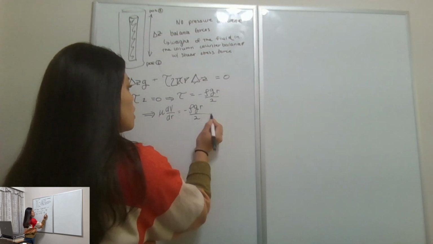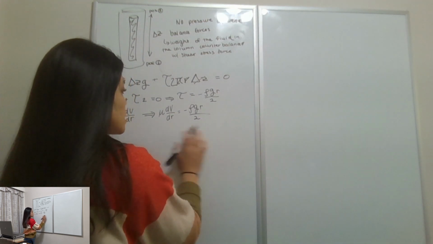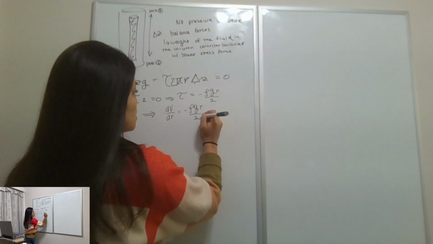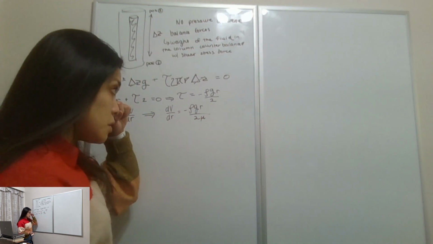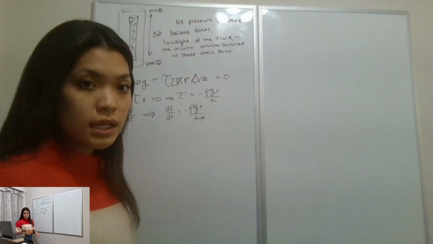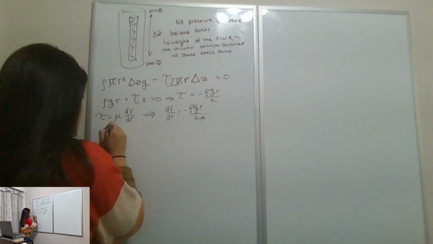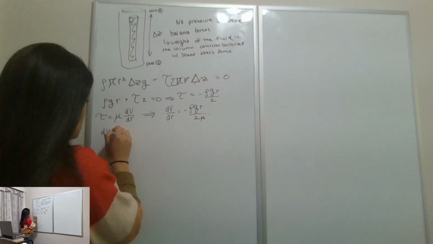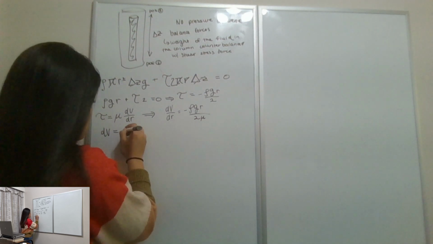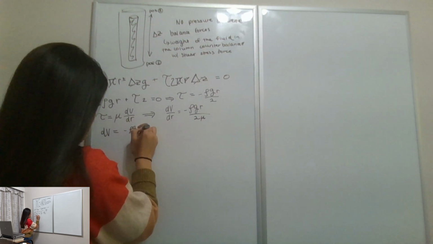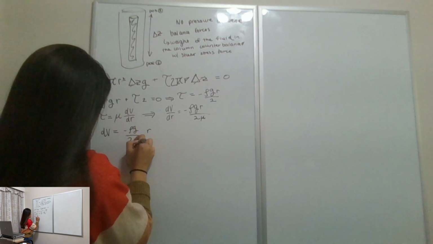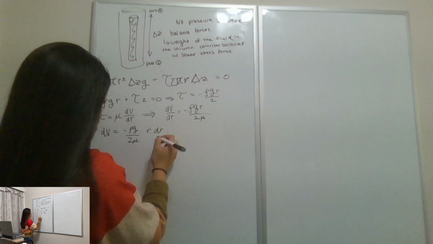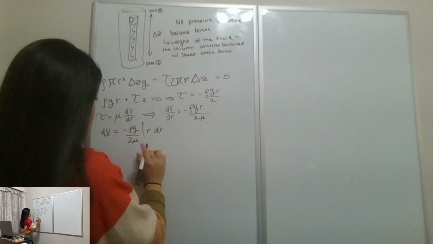And so we can move the viscosity over to the right side, and that would give us this differential that we can separate and integrate. So the change in velocity is equal to the negative of the density times the gravitational acceleration times the radius divided by 2 times the viscosity, dr, and we can take the integral.